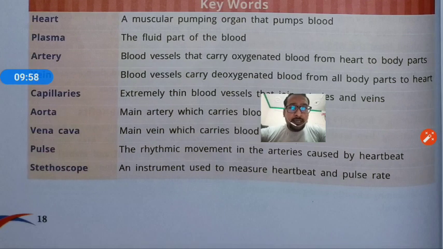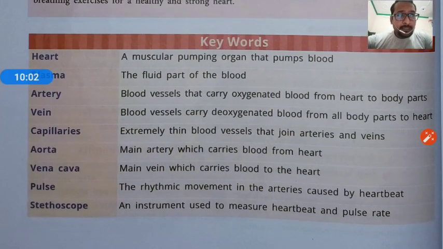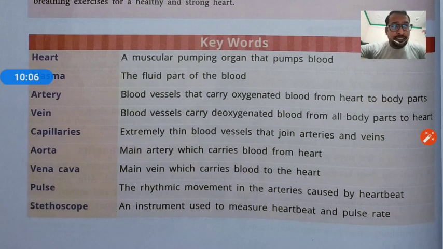Then you have vein. What does vein do? The blood vessel that carries deoxygenated blood from all body parts to the heart. Capillaries, extremely thin blood vessels that join arteries and veins. Aorta, main artery which carries blood from the heart.